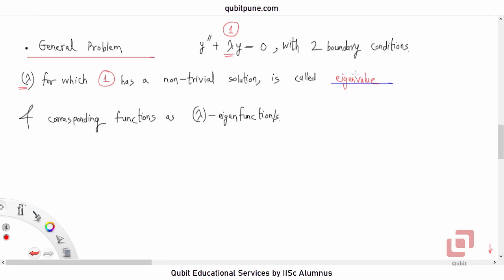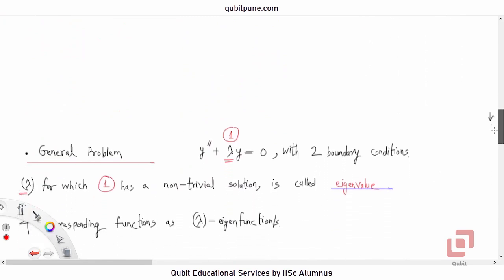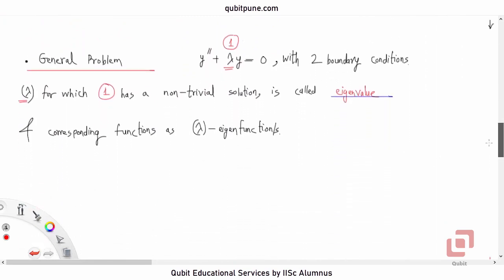Now please remember that the determination of lambda is heavily dependent on the boundary conditions, the 5 boundary conditions which we have discussed right now, which may give rise to no solution, unique solution, or infinitely many solutions. We will come to that later, once we see what each of the 5 boundary conditions gives.